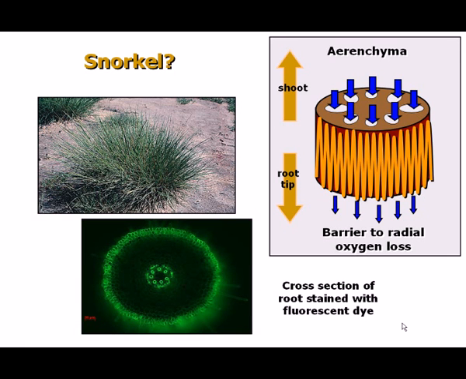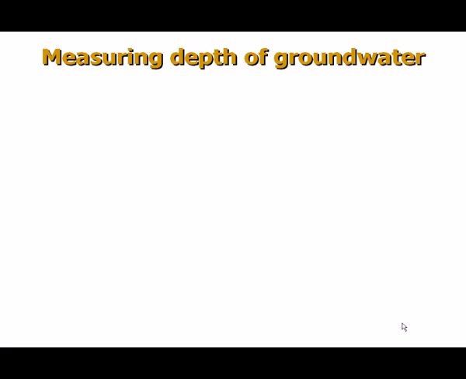And here's a cross-section of a Puccinellia root stained with a fluorescent dye, and you can see an extremely well-developed fluorescing outer couple of rows of cells which are preventing the oxygen being lost from the root surface. So Puccinellia has exceptionally good snorkels that conduct oxygen to the root tip.